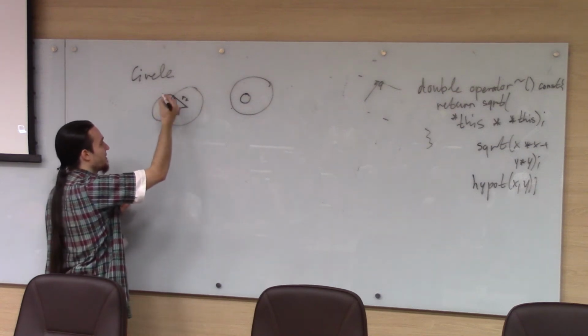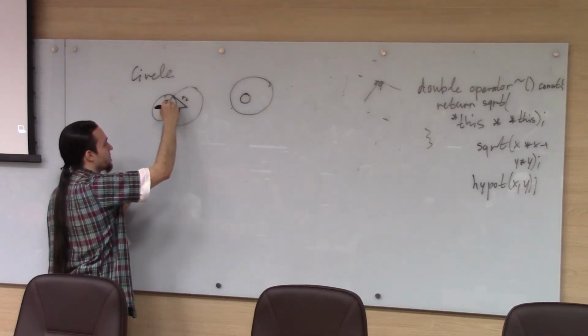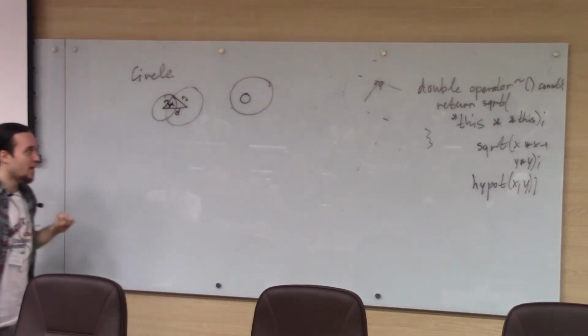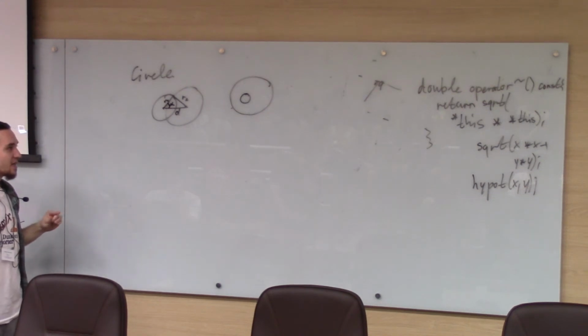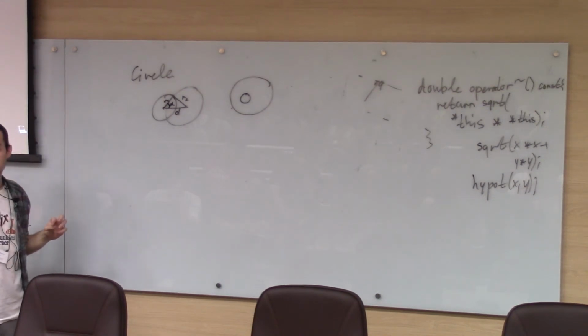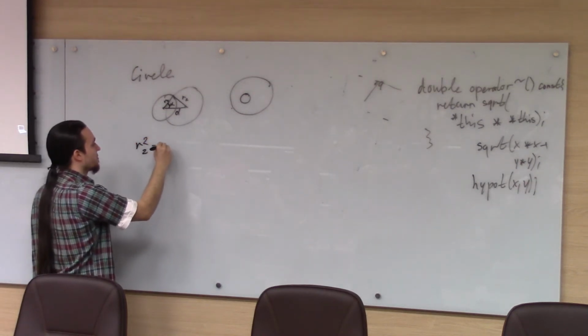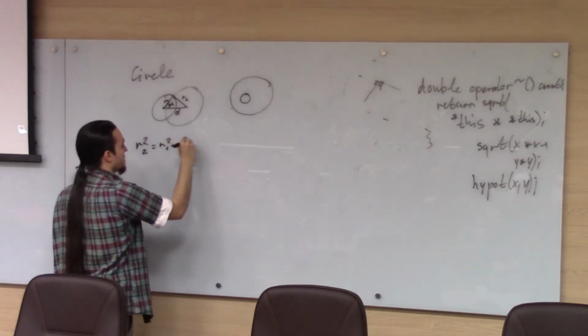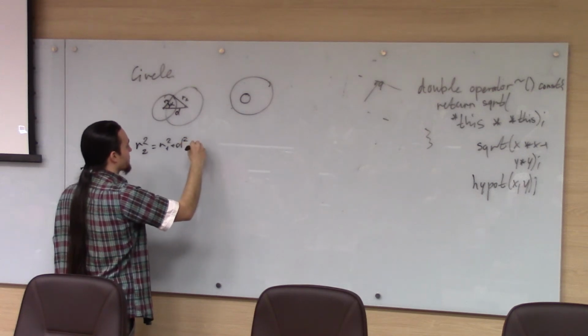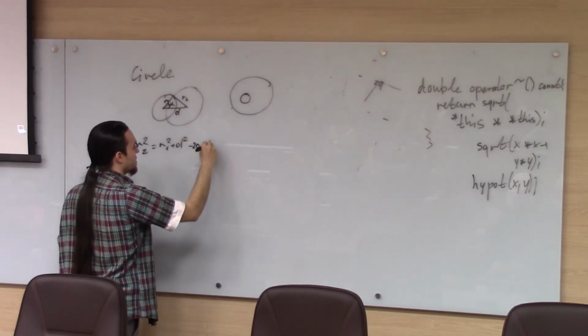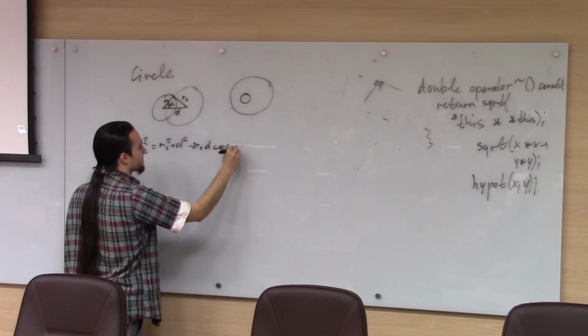So we can find, for example, this angle here by applying something called the cosine theorem, which says that R2 squared is equal to R1 squared plus D squared minus 2 R1 D cosine.